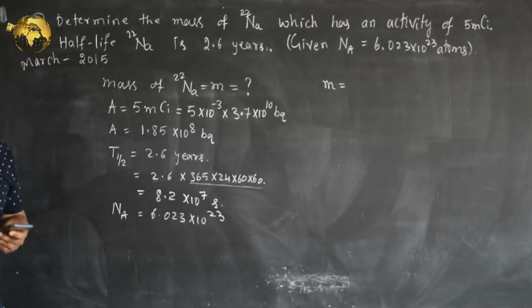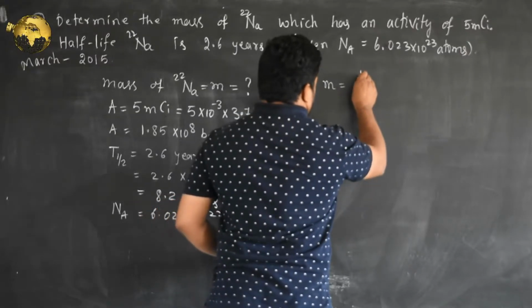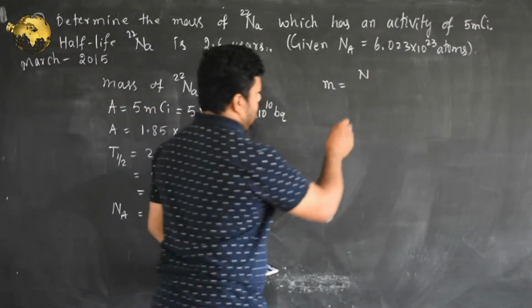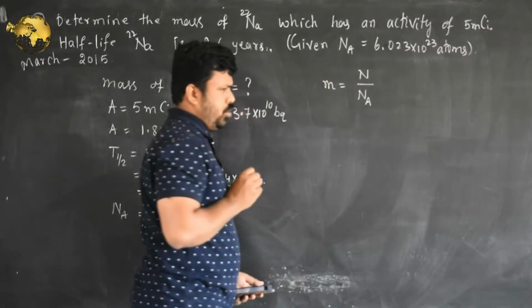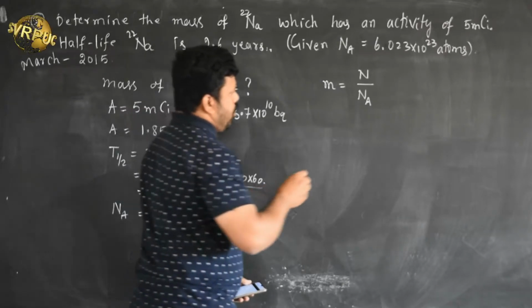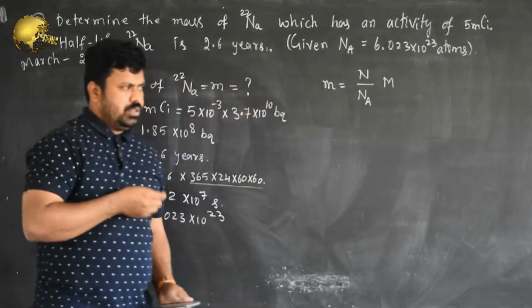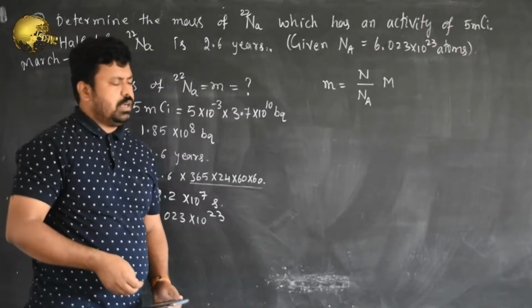For that, the formula we have is M is equal to number of atoms in the given sample divided by the Avogadro number and the molecular weight of the sodium 22. So this is the standard equation we need to remember in order to calculate the mass.